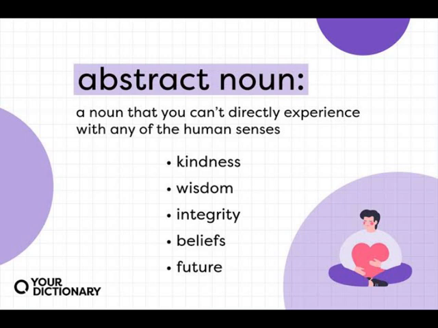So some of the examples for an abstract noun are kindness, wisdom, integrity, beliefs, and future. So these are some examples of an abstract noun.